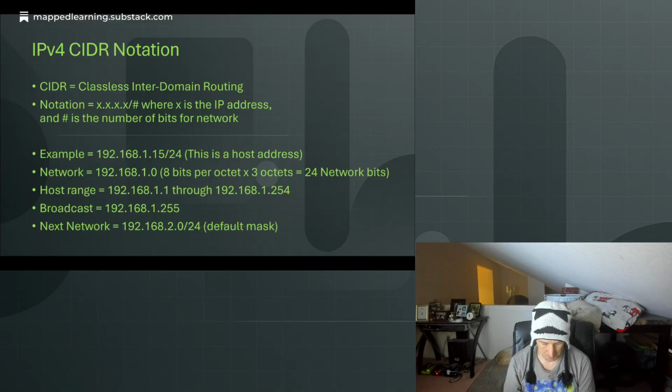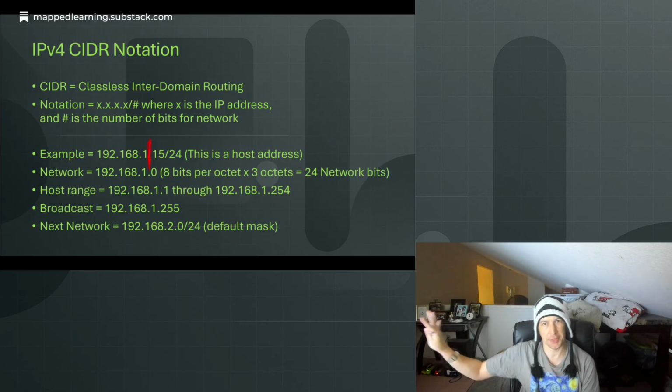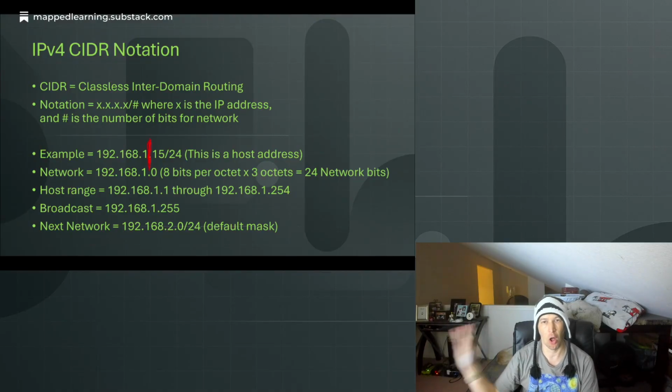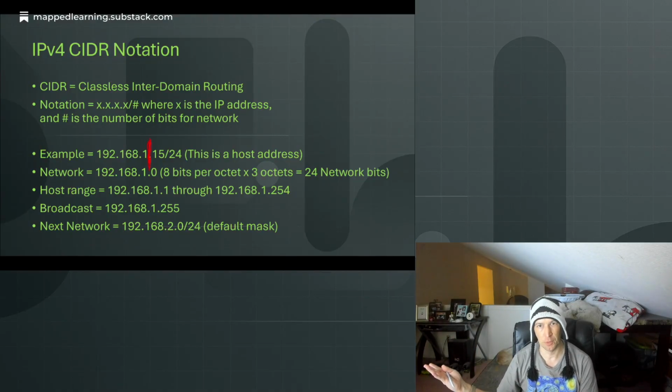So if you draw this imaginary line right here, everything to the left of that imaginary line stays in place. You don't change it. Everything to the right, to get the network ID, you turn all of those bits off. So in a default subnet mask, when you turn all the bits off, you get a 0. That's why 192.168.1.0 is the network ID.